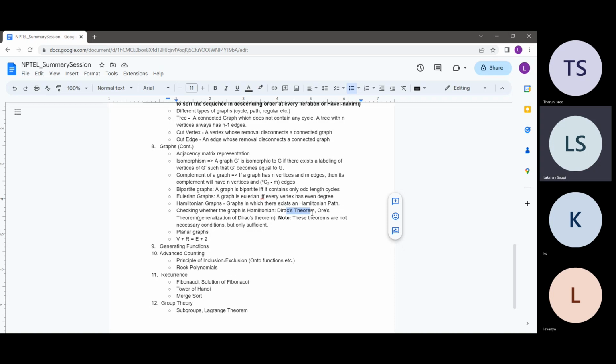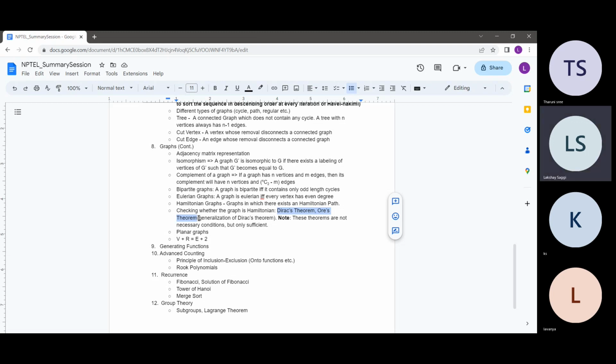So it's not a necessary condition. Basically, these theorems are not necessary conditions, but only sufficient. If the graph satisfies the properties given by these theorems, then it will be Hamiltonian.